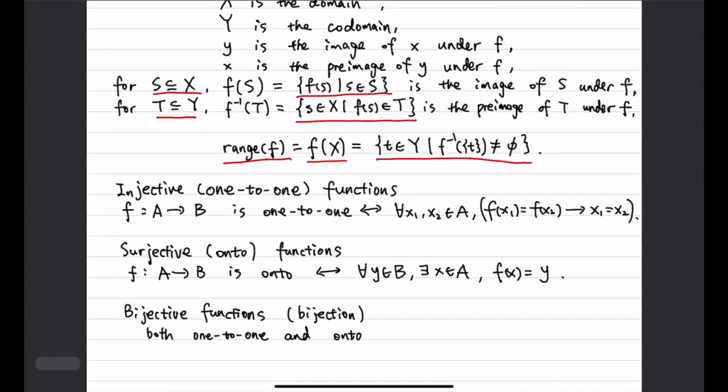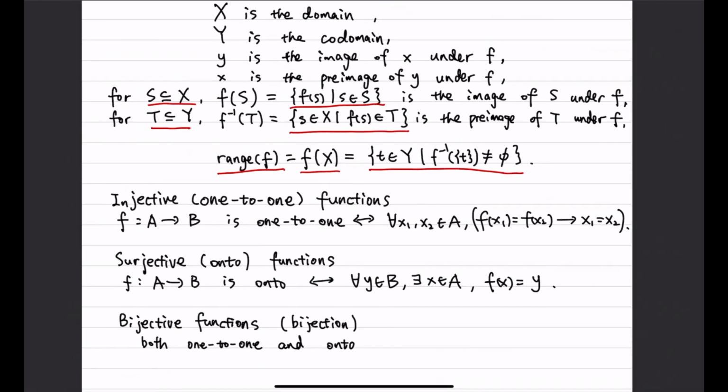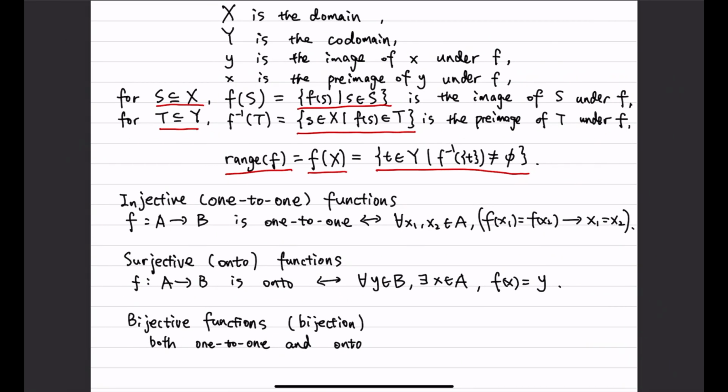The two most important properties of a function are injectivity and surjectivity. Injectivity is also known as one-to-one, and surjectivity is also known as onto. The function f from A to B is one-to-one if, for two elements x1 and x2 from its domain A, f of x1 is equal to f of x2 implies that x1 is equal to x2.